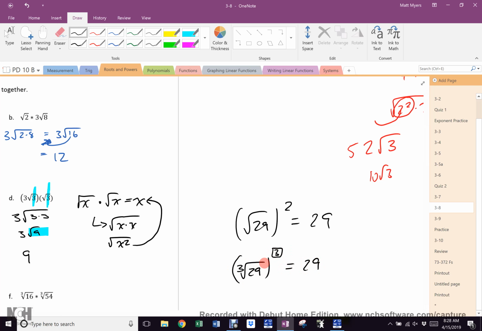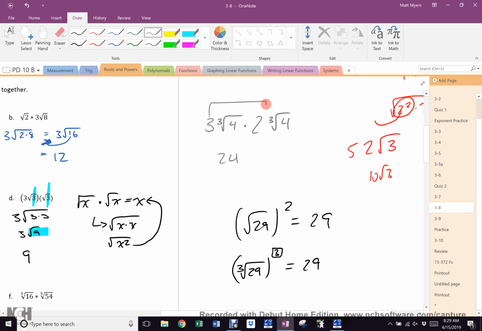Now, everybody always tells me they see that and they understand that, and then I ask them this. 3 cube root 4 times 2 cube root 4. Somebody always tells me this answer is 24. Why?